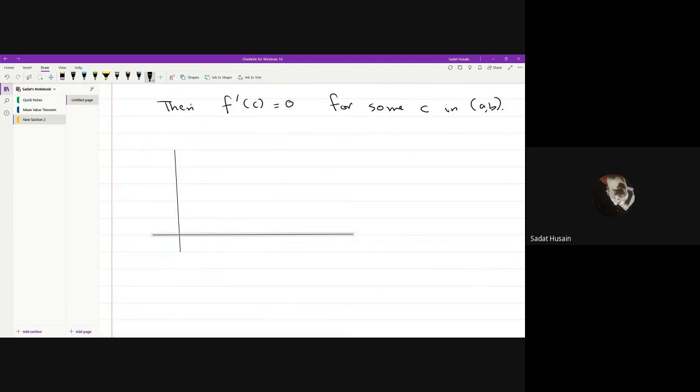Suppose the graph of f looks like this. This is a and this is b. Of course it has to be continuous and differentiable, but the last condition is that f of a and f of b must be the same. f of a is equal to f of b.